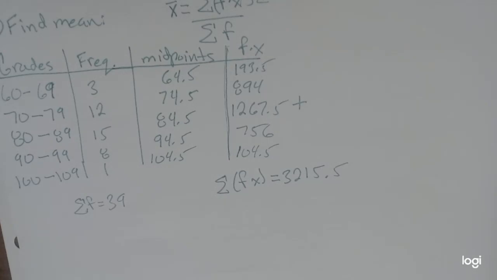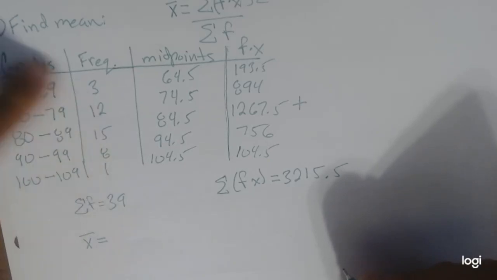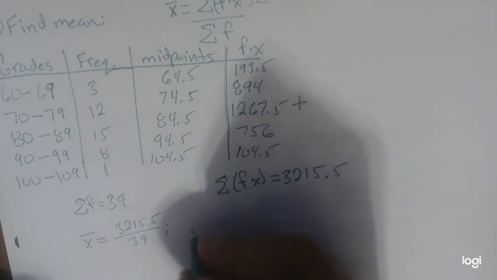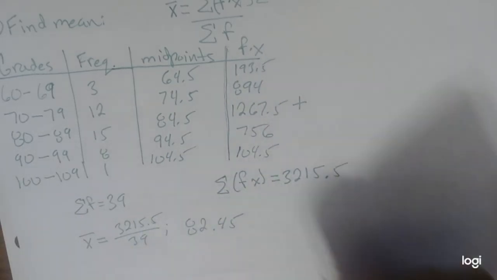And then finally what we want to do is divide these two numbers. So the mean itself for this frequency distribution is going to be 3215.5 divided by 39, which gives you approximately 82.45.